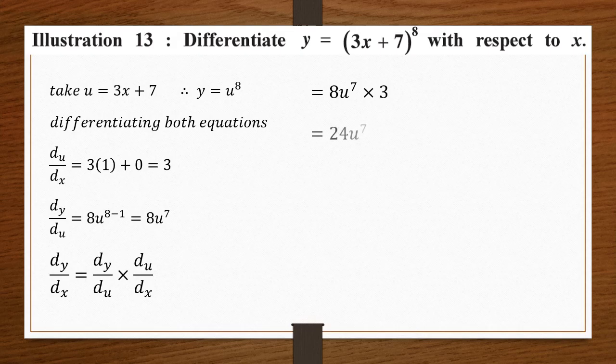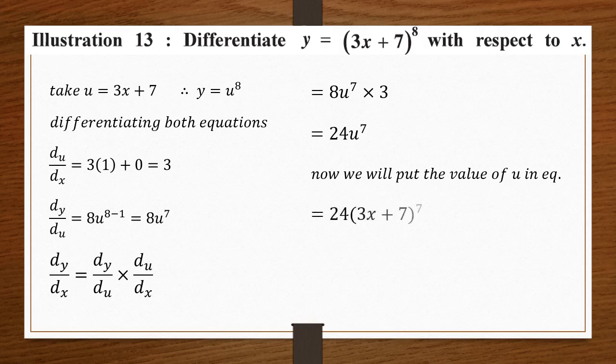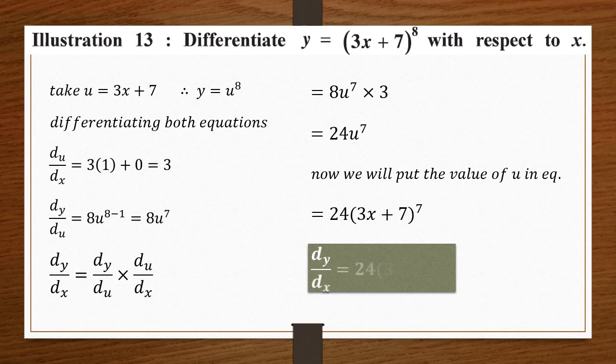So 8 3s are 24, u raised to 7. Now what we are going to do, we are going to put the value of u into the equation. So 24 into bracket 3x plus 7 raised to 7. Now there is nothing which we can do more in this particular equation, so we are going to leave it as it is. That will be the final answer.